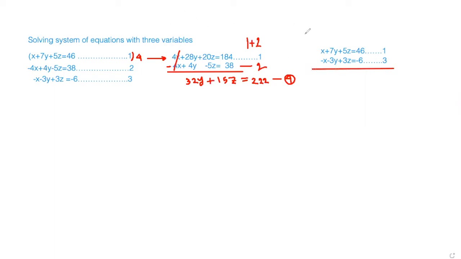Then we get 7 minus 3 is 4y plus 5 plus 3, 8z, equal to 46 minus 6 is 40. So this is our equation number 5.